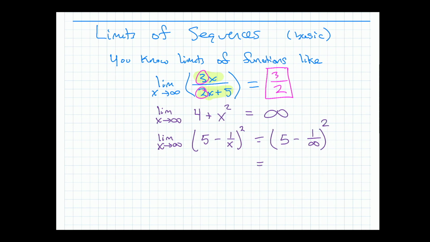What is 1 over infinity? That's 0, right? So it's actually 5 minus 0, squared. And then what's 5 minus 0 squared? 5 squared is simply 25. So it's not that hard, right? As long as you know that 1 divided by infinity is 0, then that's not too much work, right?